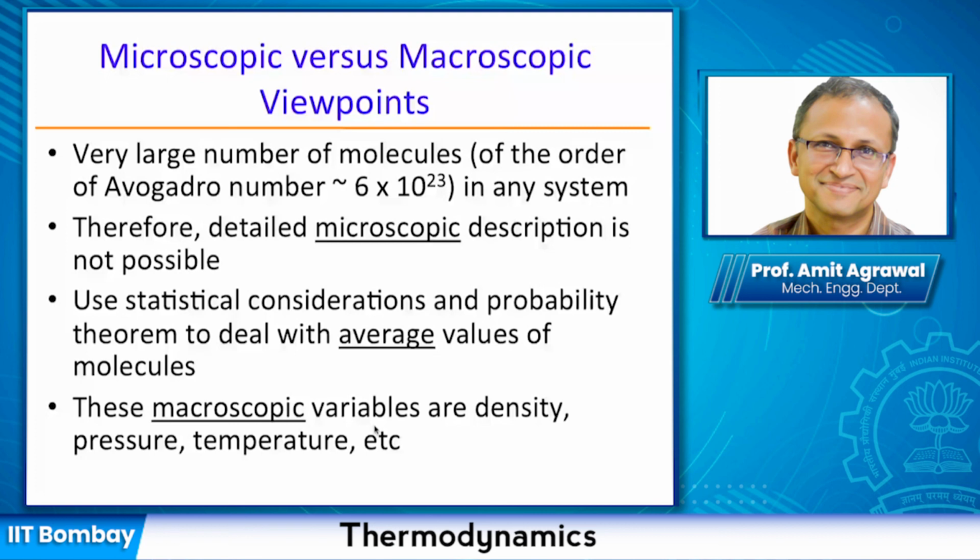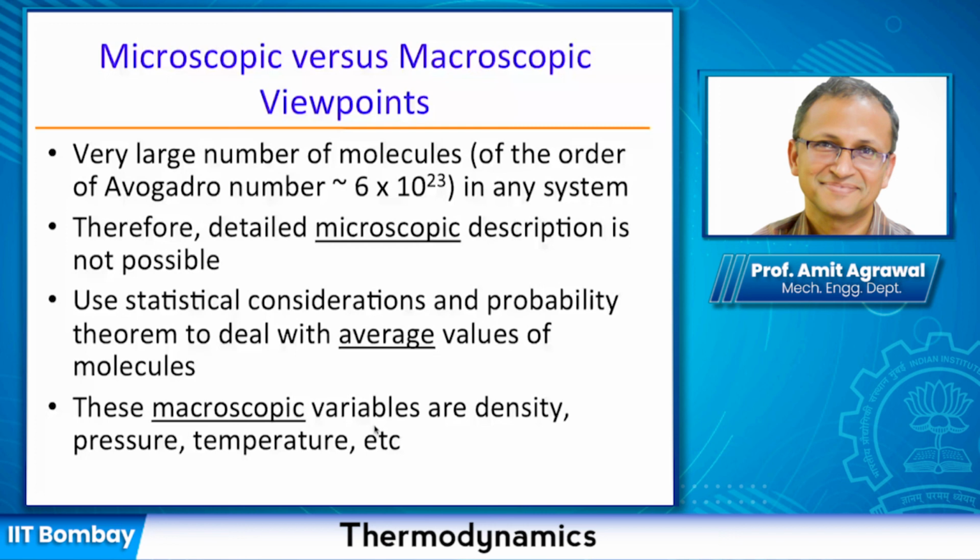So when I'm talking about something like pressure or temperature, I'm actually talking about a macroscopic variable, which means I'm talking not about just one molecule, but about a larger number of molecules, and about some sort of average behavior or average value, which is my pressure or my temperature. Pressure gets related to forces.